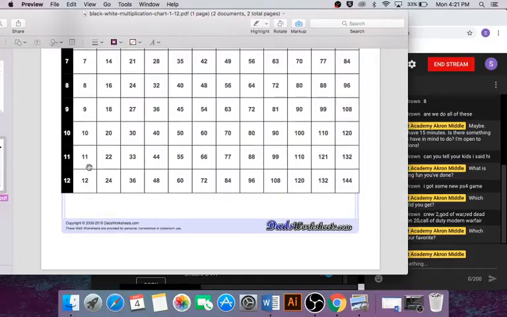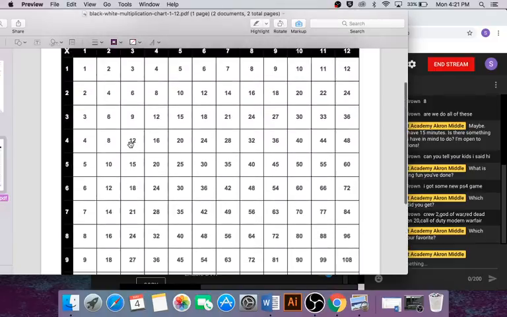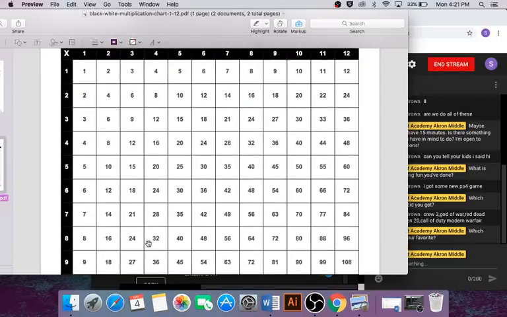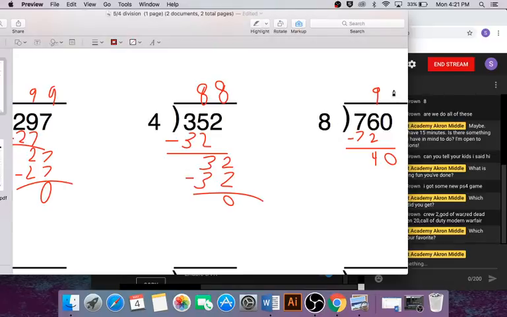So we go back to our multiplication chart, go to our 8 times table, we go over, and here's 40. We see that 8 times 5 is 40. So we're going to come up here and put our 5. 5 times 8 we said was 40. And our answer is 95.